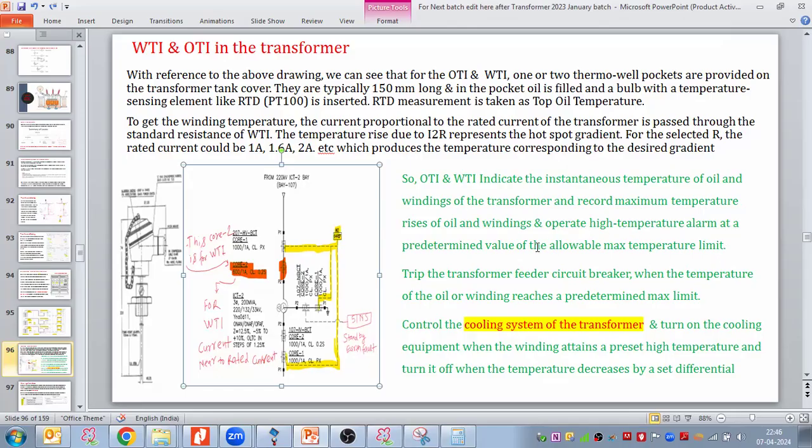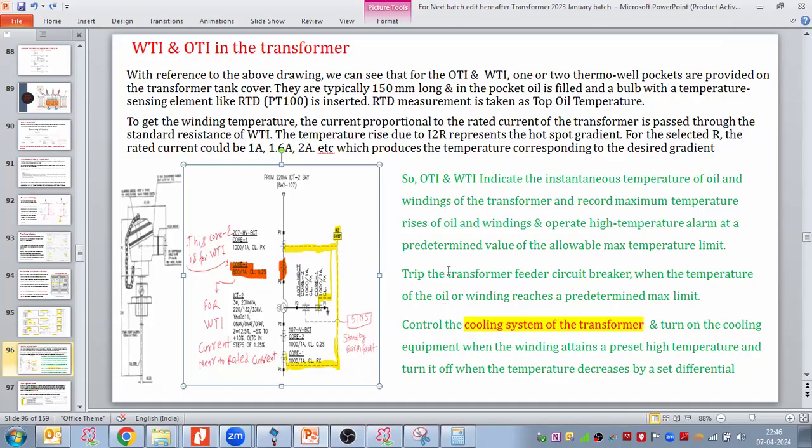So we have set the maximum temperature limit of the transformer. If my measured temperature exceeds the allowable temperature limit of the transformer, then they will start the cooling system, or they can do the tripping as well.